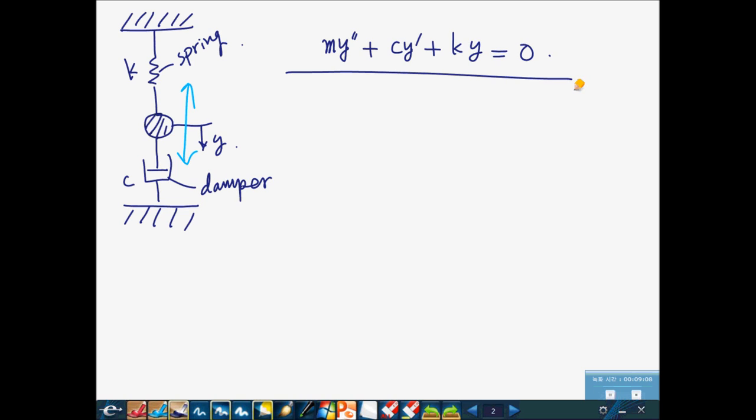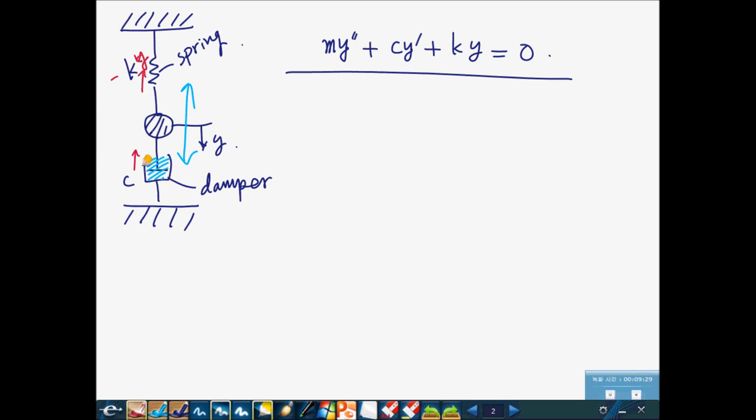Okay? So because it's damping, it is like it's filled with water, oil, or air, whatever. Okay? So if you wanted to move, this force is minus ky, that's the spring force, right?